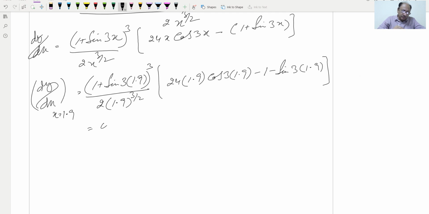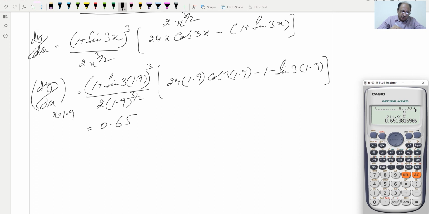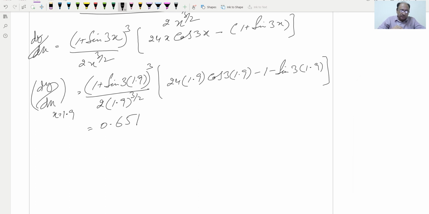So we can write 0.651 up to 3 decimal places.